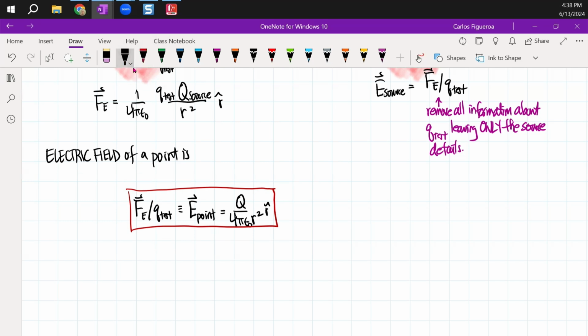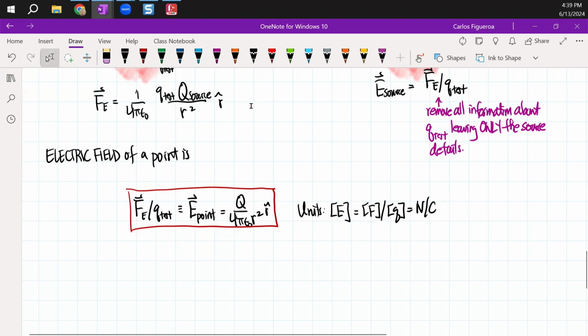When I look at the units of this, the units of the electric field is a unit of force divided by a unit of charge, which is a Newton per Coulomb. So the electric field clearly depends on charge and distance.